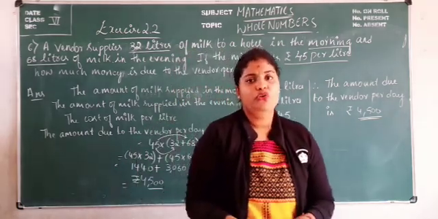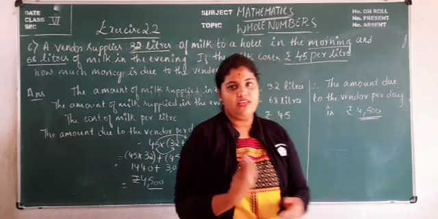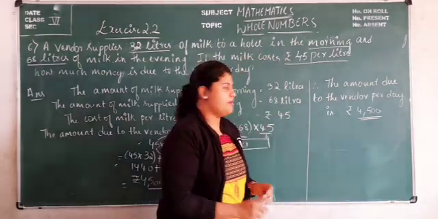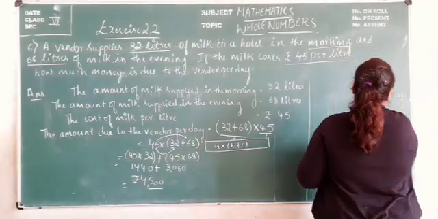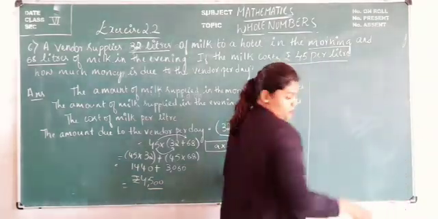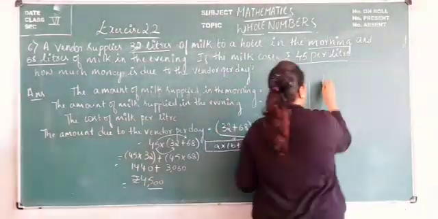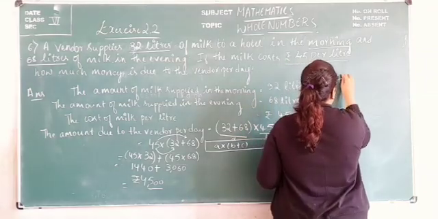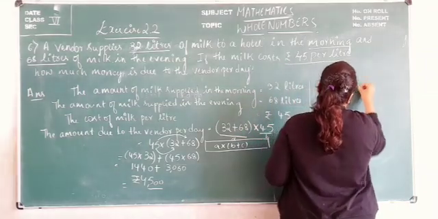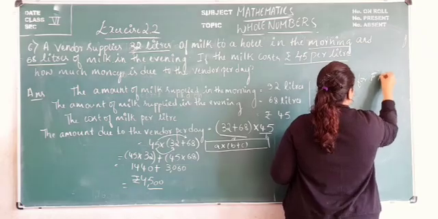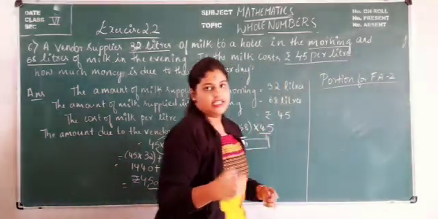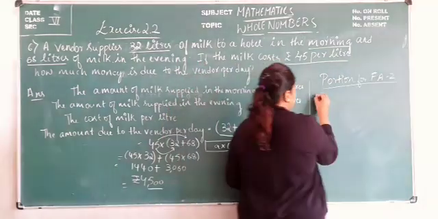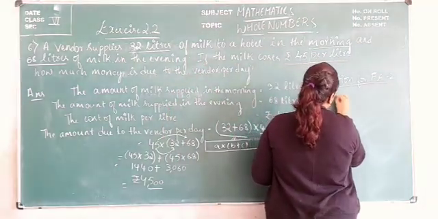So as you all know, you are having FA2 shortly. So I will be giving you the portions of FA2 for mathematics. So note it down, children. The portion for FA2. You have to learn exercise 1.3 under chapter 1.